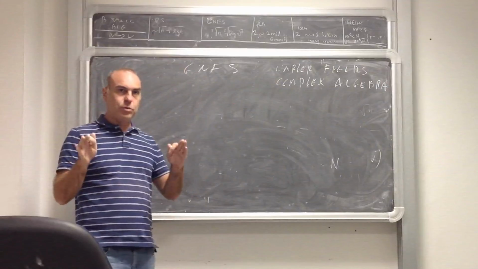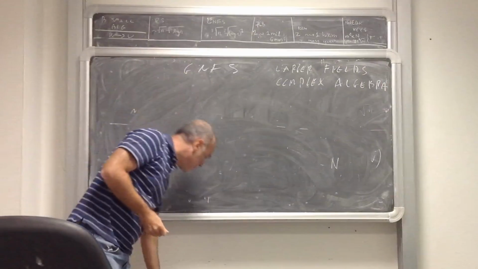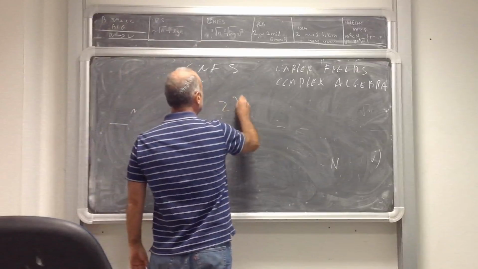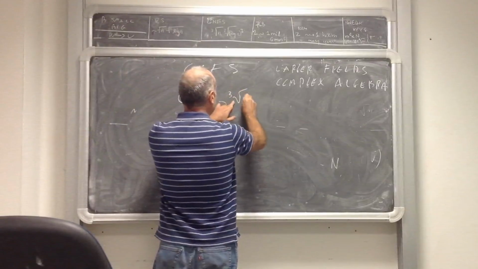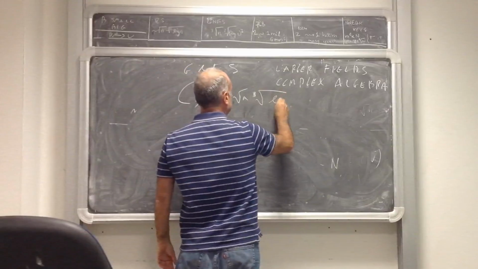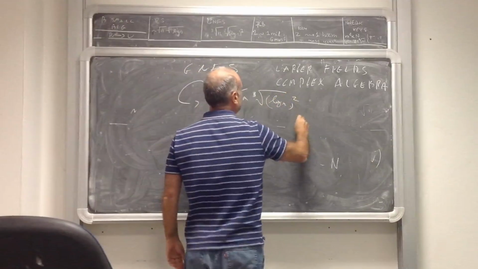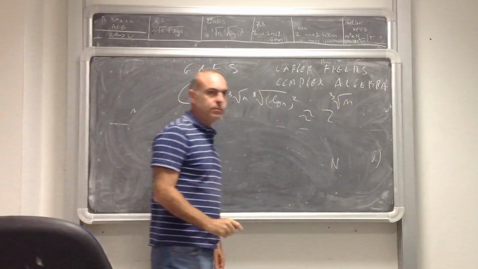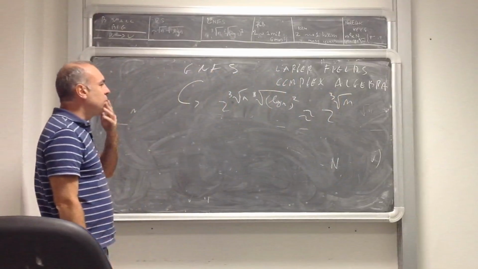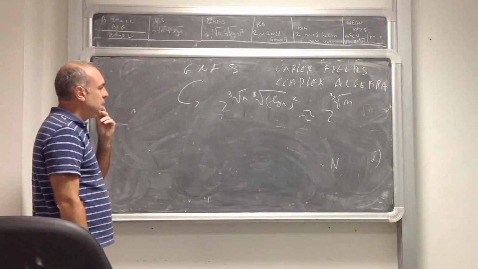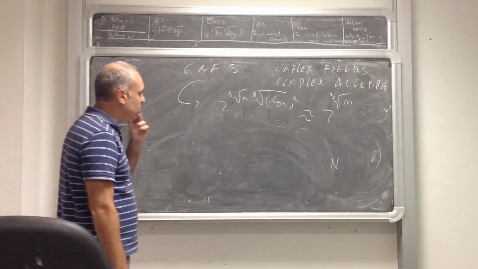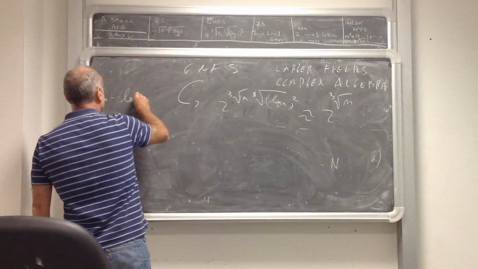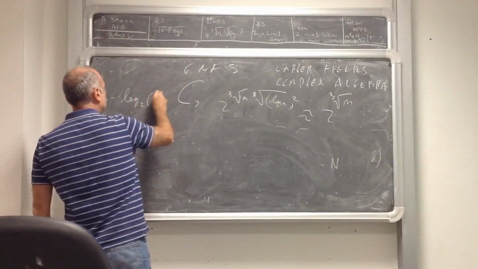It's too much for this course. But the complexity of this method is 2 to the cubic root of n times log n squared, which is basically 2 to the square root of n, to the cubic root of n, where n is the usual one.